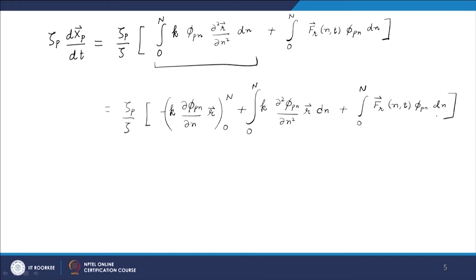This entire thing is equal to minus Kp xp plus Fp.